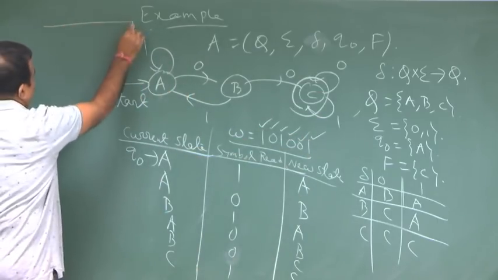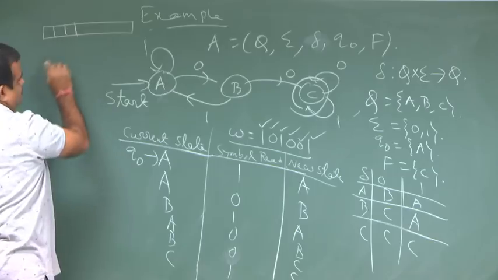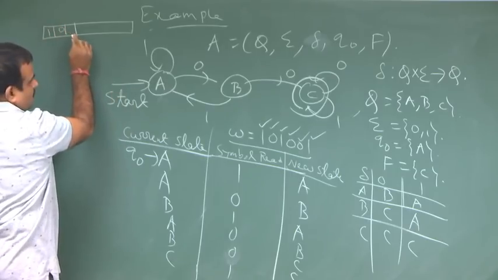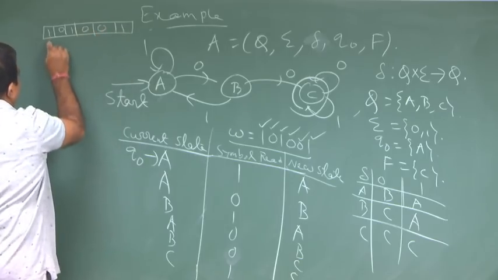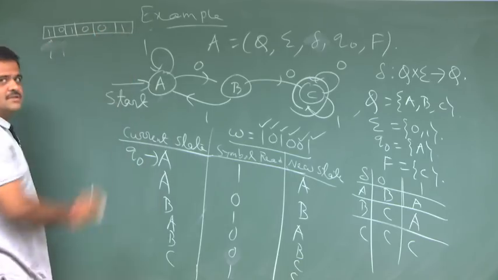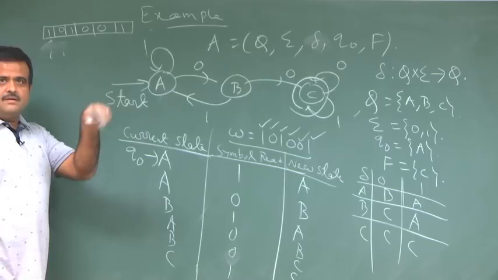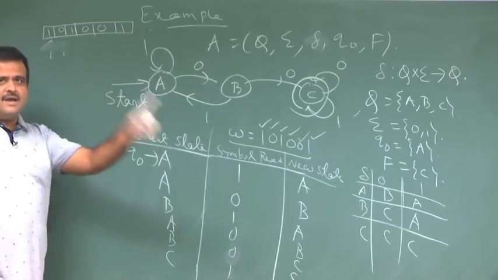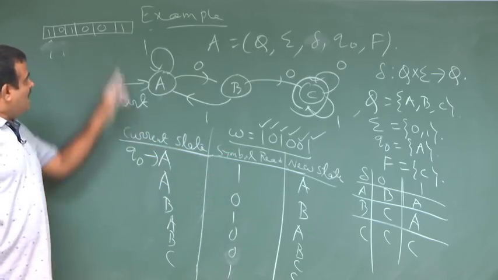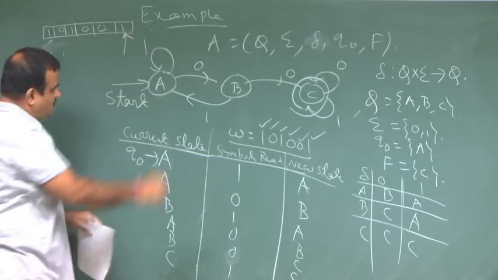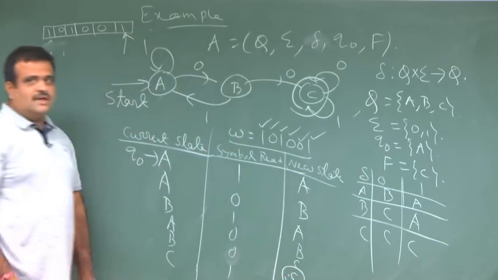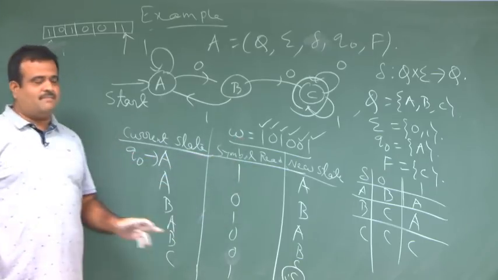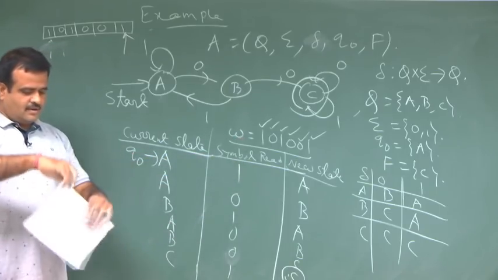So, basically we put this in a tape, we can say this 1 0 1 0 0 1, and we read this tape sequentially, and depending on the rule delta, our state will be changing, and at the end of this if we reach a final state, which happens to be a final state, that is why this string is accepted by this DFA.